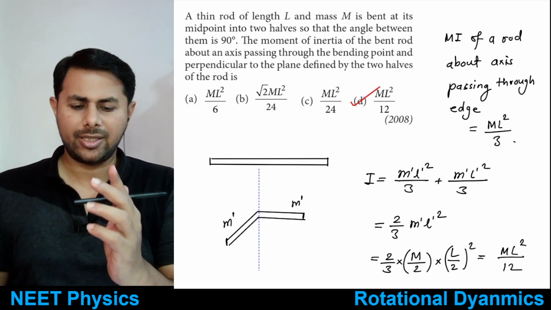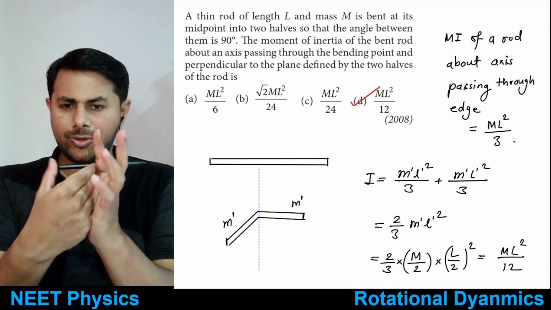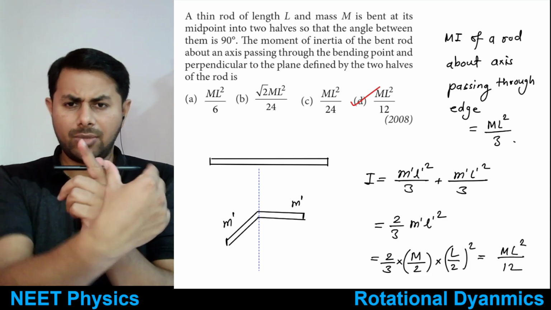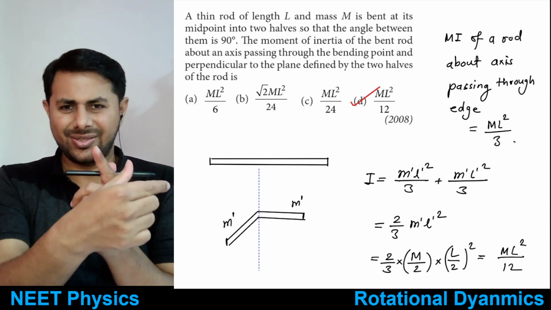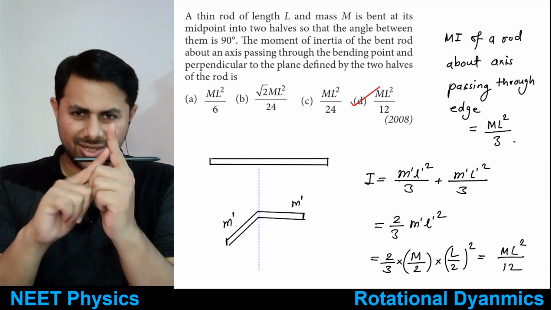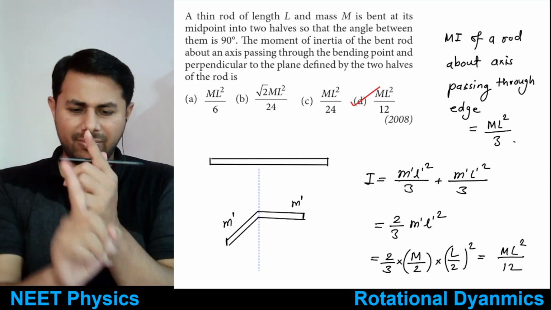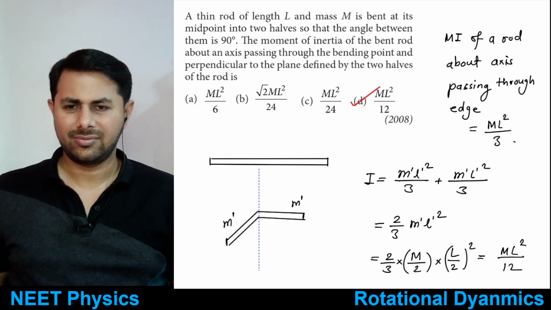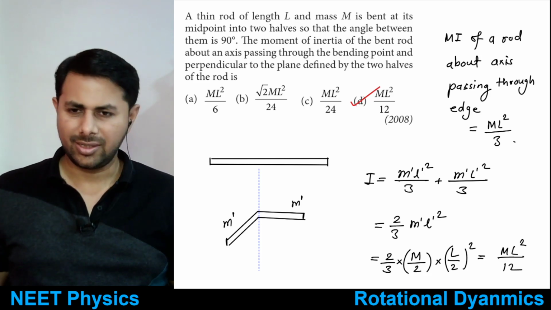Summation of m_i r_i square. So see, there is some distribution of mass on this side, some distribution of mass on this side. Suppose you bend this one, still the distance of these masses from the axis of rotation will not change. Is this thing clear? Yes, no?